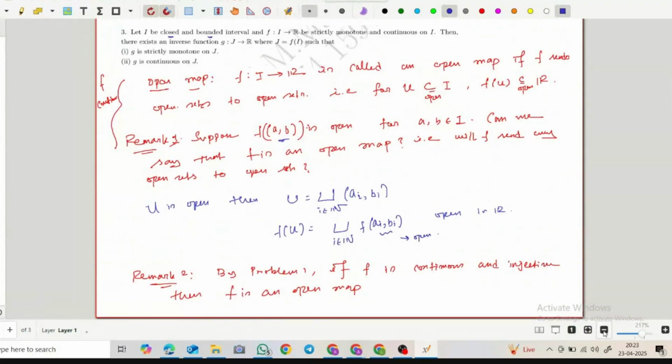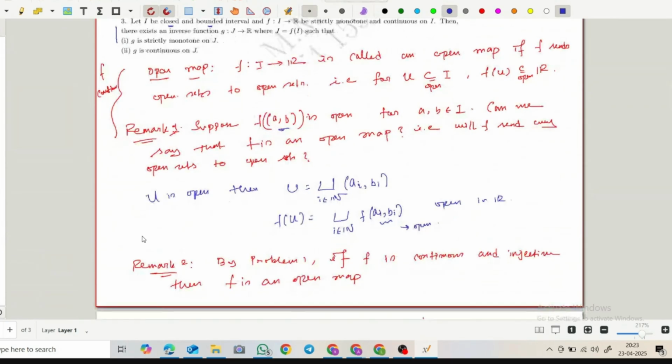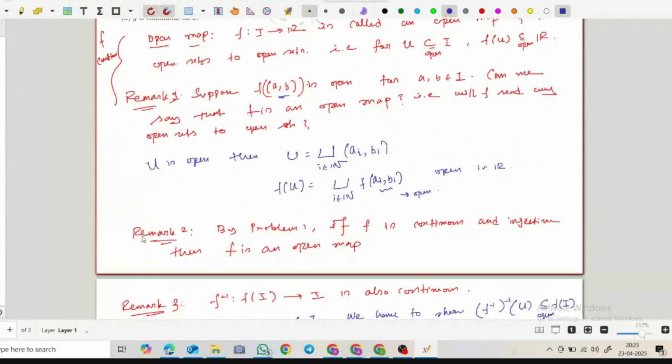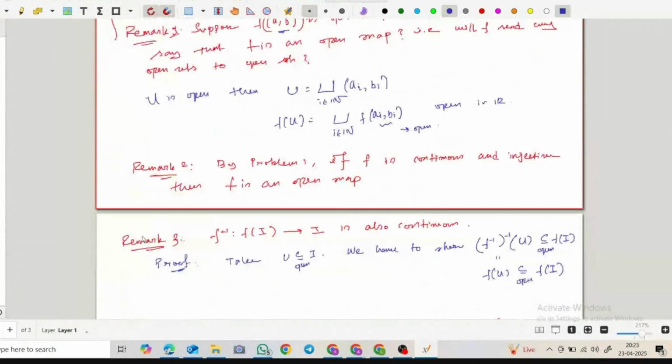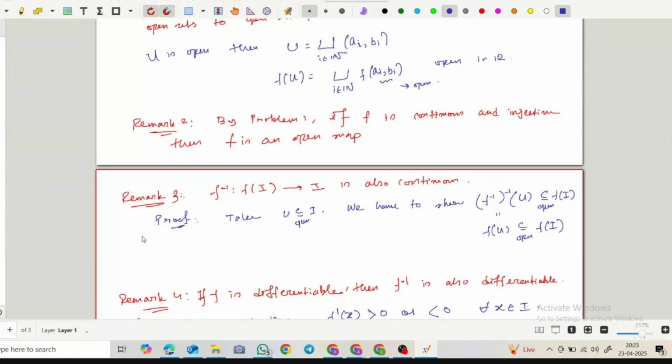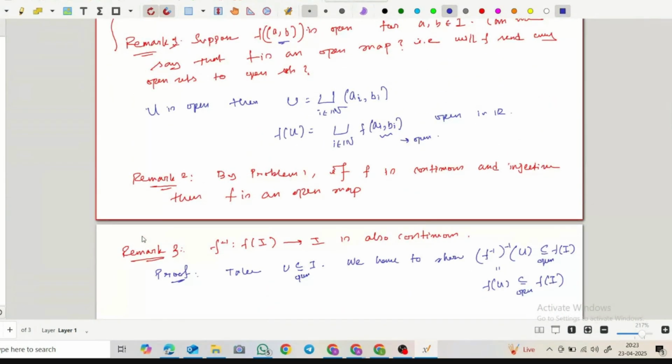You need to look at this problem and the 4 remarks. I am giving you guys 1.5 minutes to look at this problem. Just the statement, nothing else. Just remark 1, remark 2, remark 3 and remark 4. That's all you need to check.